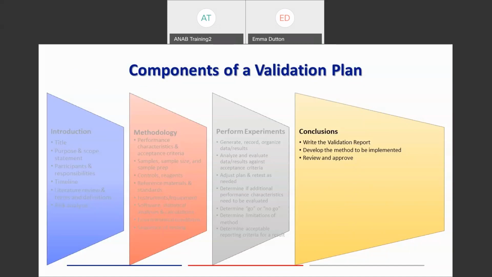You still have to develop the method that's going to be implemented in the laboratory for everyone to use. And then, of course, you follow your own review and approval process through your own document control in your laboratory, one for the review and approval of the validation, and two for the review and the approval of the method that needs to be implemented or that will be implemented.